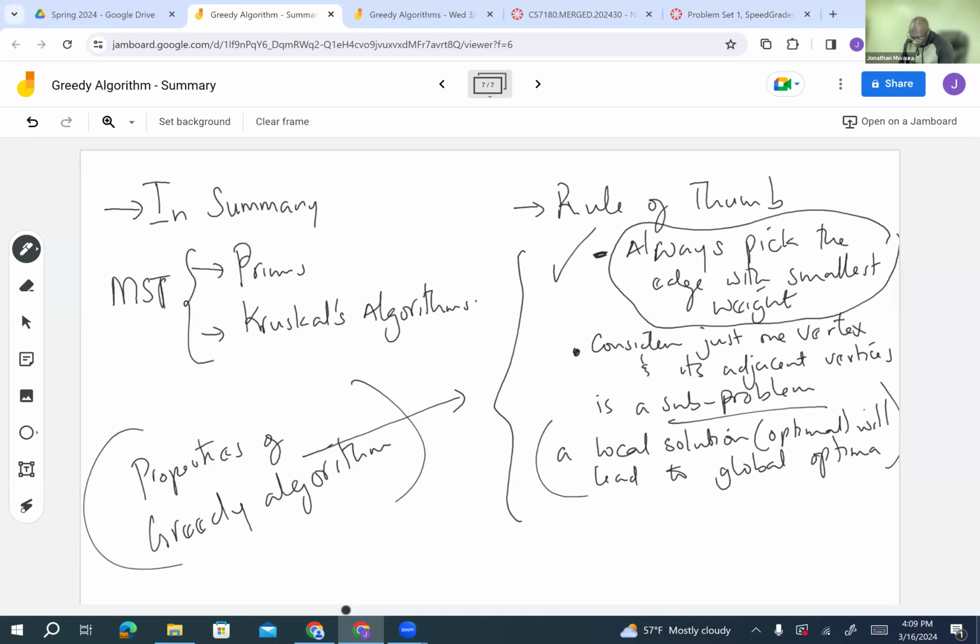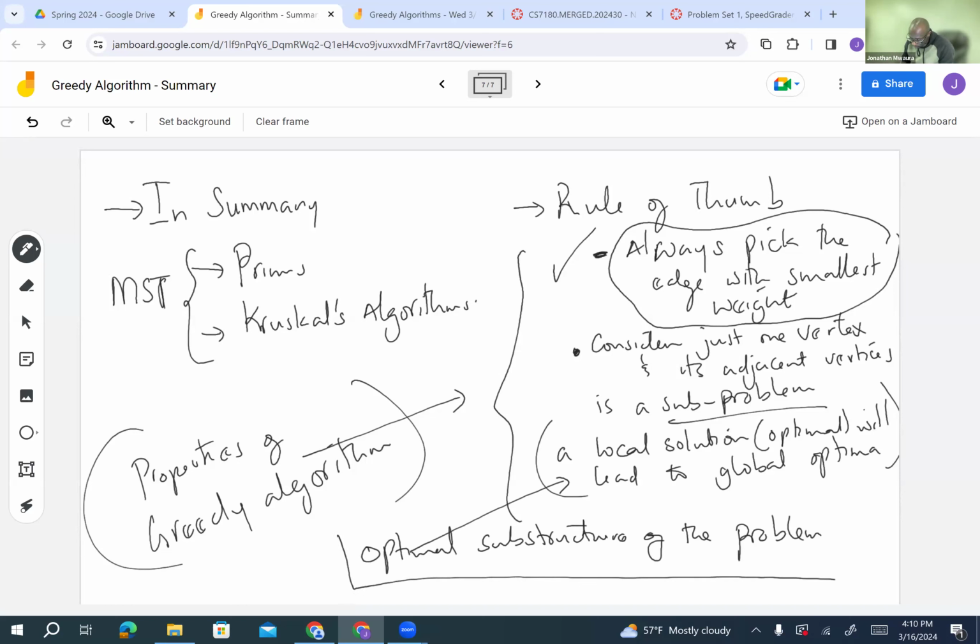Now, the important thing here is what is called the optimal substructure of the problem.